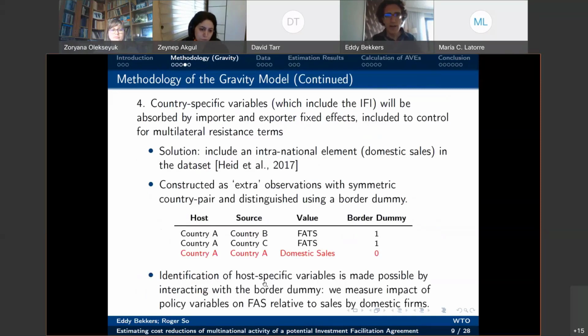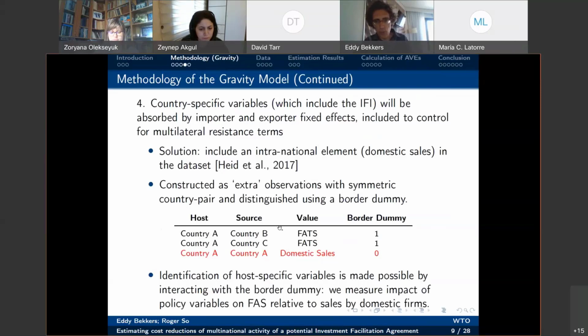Again, a bit more background on the interaction term of the border dummy and the country-specific variable. As I mentioned, these country-specific variables would be absorbed by importer and exporter fixed effects. So the solution is to also include intranational or domestic sales, and here we have some small tables.